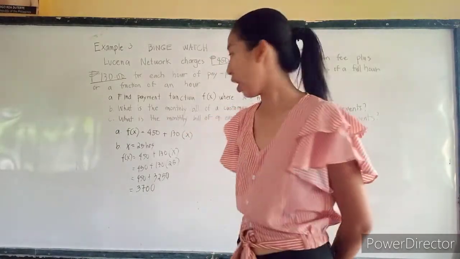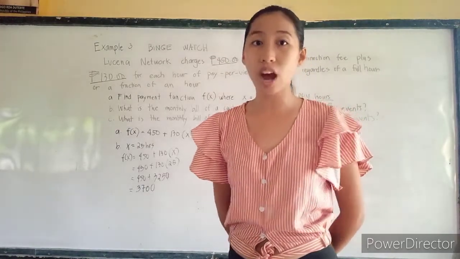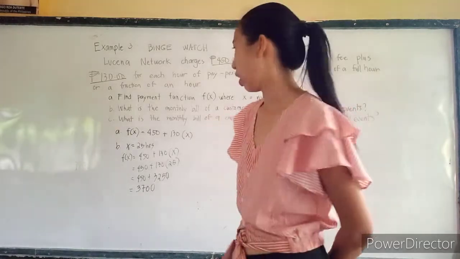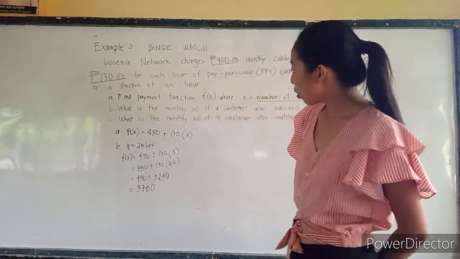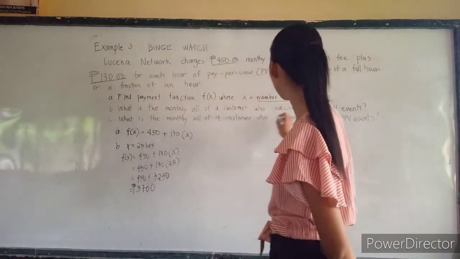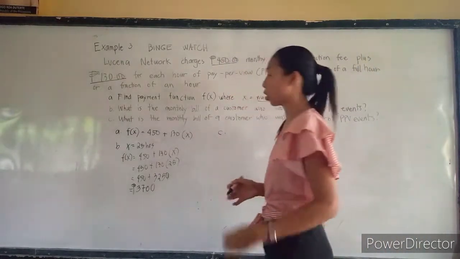Maybe whoever made it made a typo. So that is 3,700, not 3,750. It's just a typo, guys. Okay? So that is what the customer will pay if they watch 25 hours of PPV events. How about for our last customer?